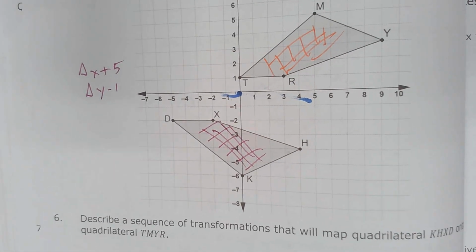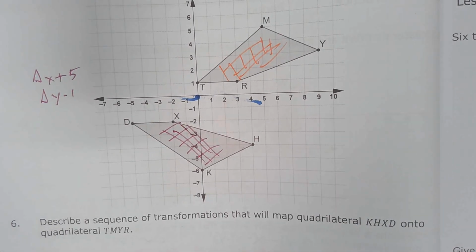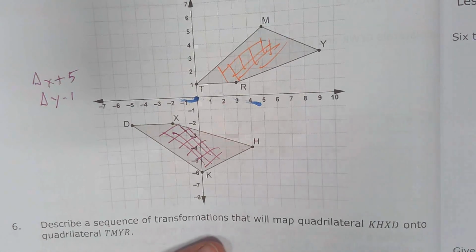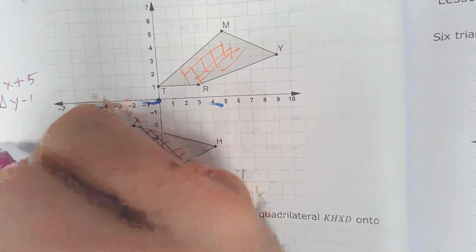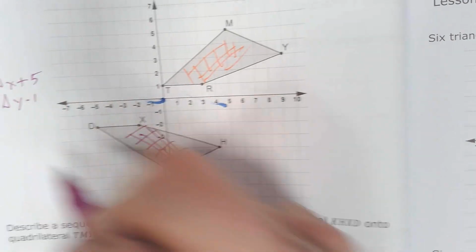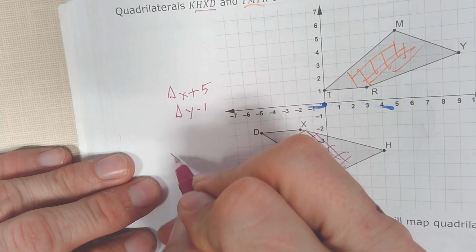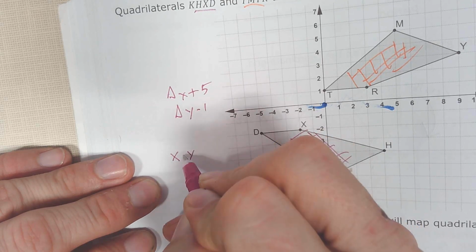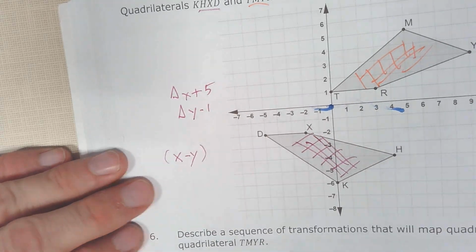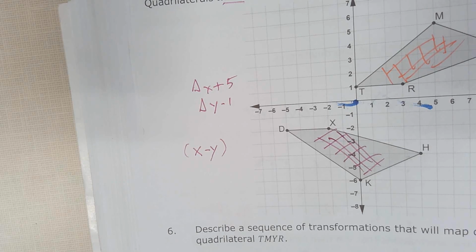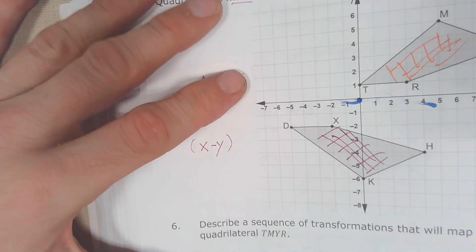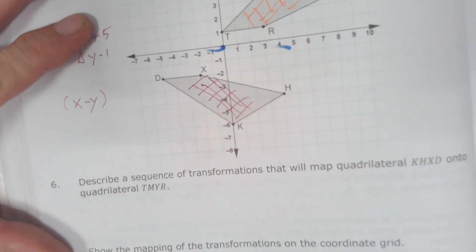So my reflection across the x-axis: x, y reflects, y changes. That's my relationship. I'll jot those down for memory.